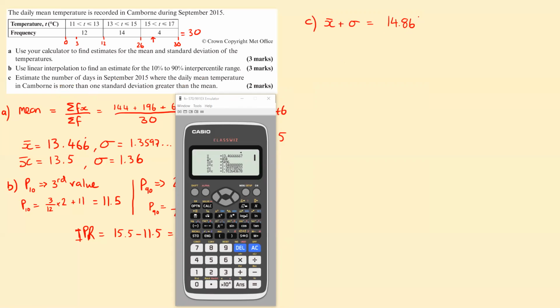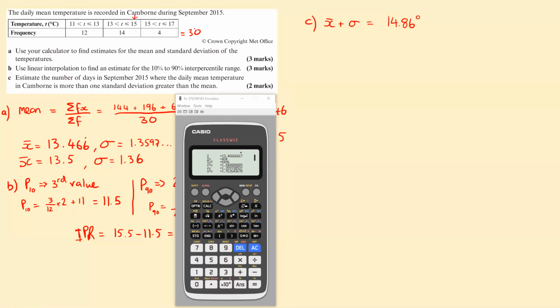So remember here, we're working in degrees and we're looking for the number of days.